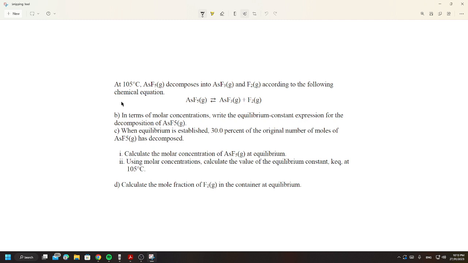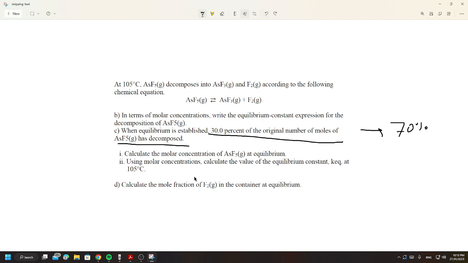Equilibrium is 30% of the moles of ASF5 has decomposed. Therefore, we have 70% remaining. But I don't think this is relevant. Calculate the molar concentration of ASF5 at equilibrium.